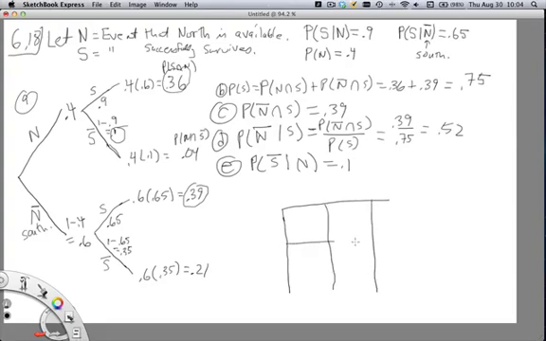So let's draw a crosstab. And we'll put the north here. This is the south. Let's put success over here and let's make this failure. Now let's go drop in the given, which is what we would usually do. So this is going to be 0.4. Remember, everything has to add up to 1.